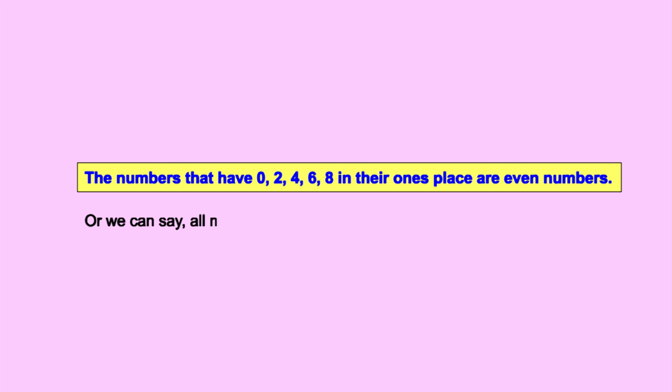Even and odd numbers. The numbers that have 0, 2, 4, 6, 8 in their ones place are even numbers, or we can say all multiples of 2 are even numbers.